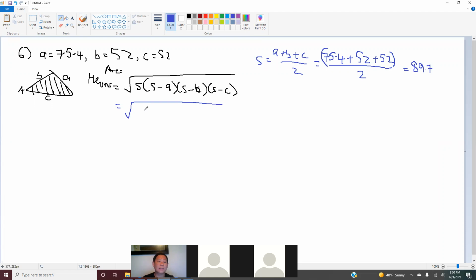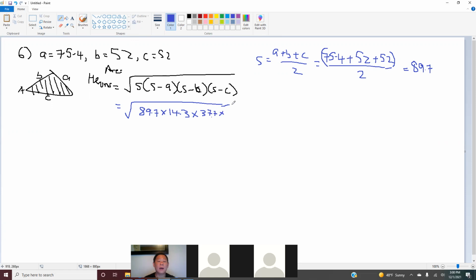Now in order for you to find the area, you just plug this in here. So s in this case is 89.7, times 89.7 minus a. So 89.7 minus 75.4 will become 14.3. Then you take 89.7 minus b, and b is 52, so 89.7 take away 52, you get 37.7.